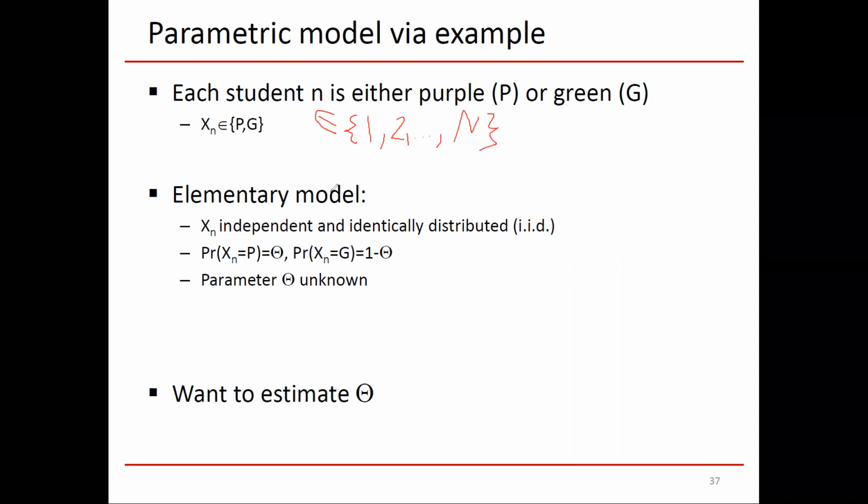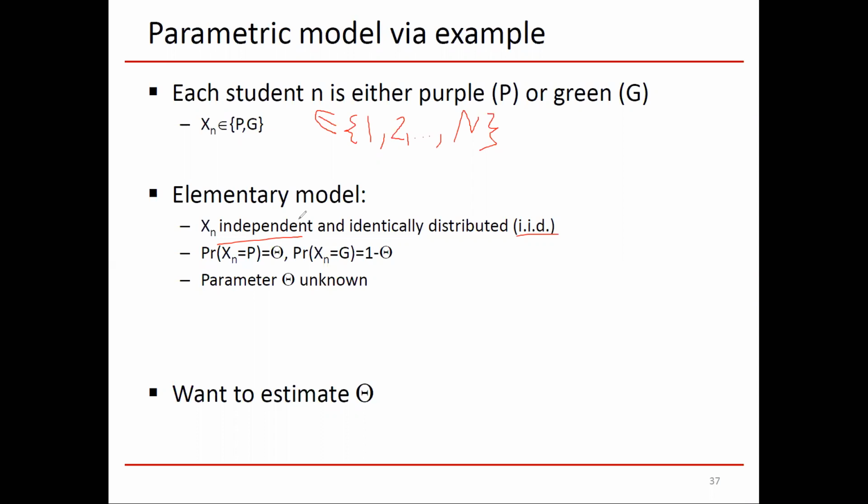And here's an elementary model. Xn, the status of student number n being either purple or green, they're going to be independent and identically distributed, or IID. So independent means that if you have two different xn's, xi and xj, xi and xj are going to be statistically independent of one another. Think of it as you have coin flips. The coin flips might not necessarily be 50-50, but you're flipping a coin for xi, and then you're flipping a coin for xj.